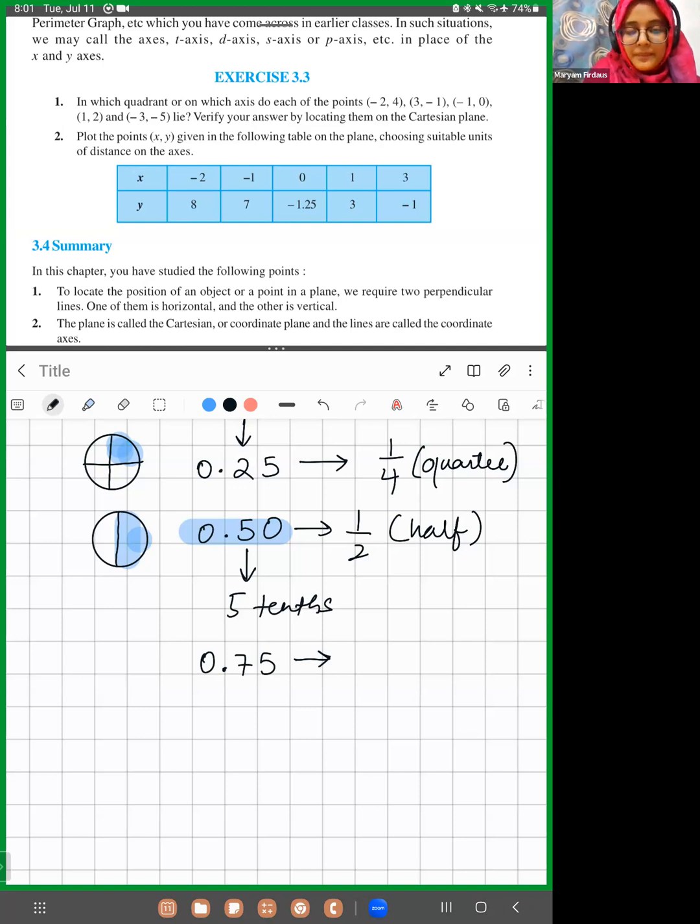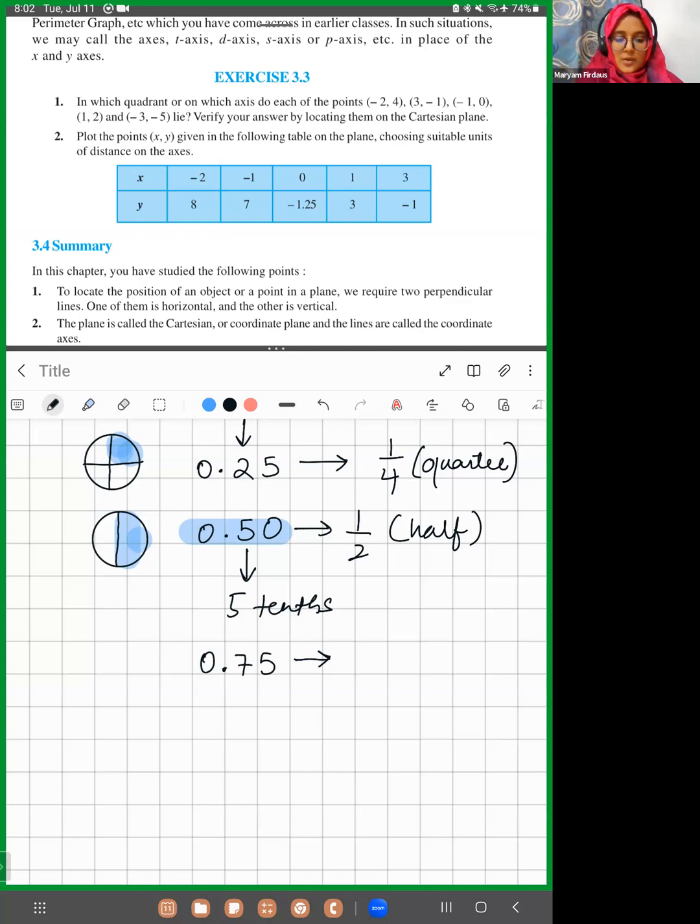Abdul Jabbar, are you there? I am. 0.75, do you know the answer or do you not? It's okay even if you think you don't know it correctly, just say whatever you think it is. 1/3.